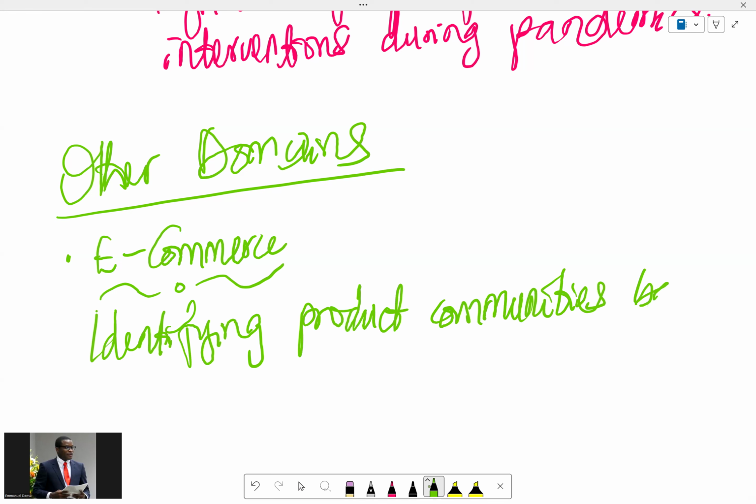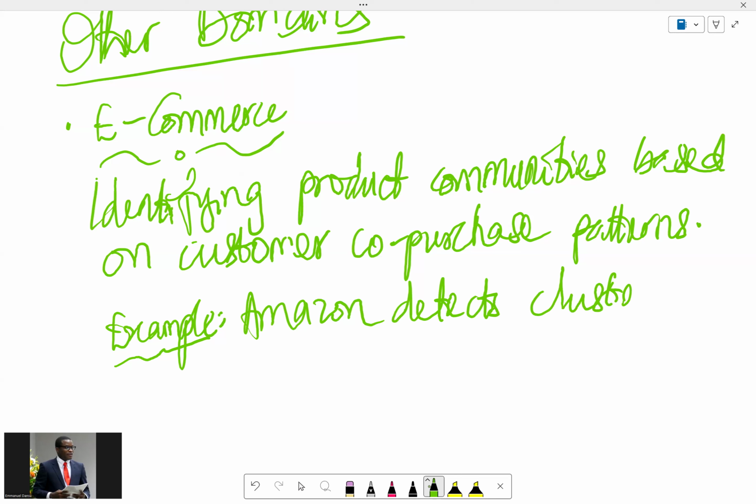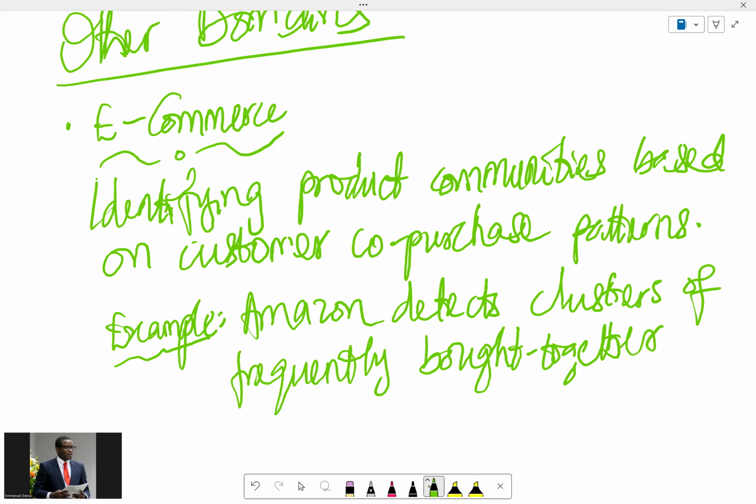An example could be that Amazon detects clusters of frequently bought together products for recommendation engines.